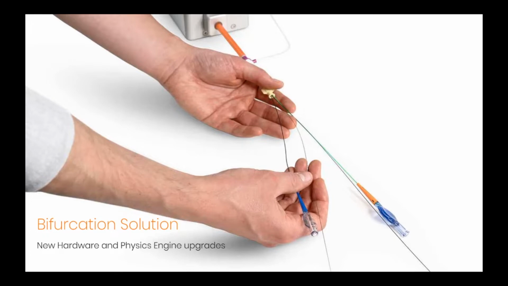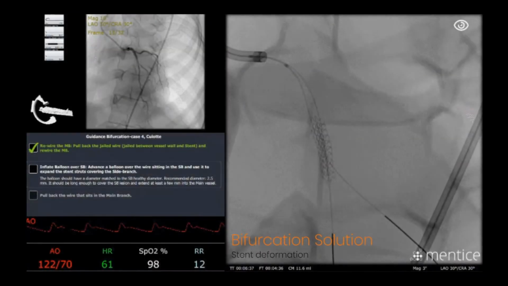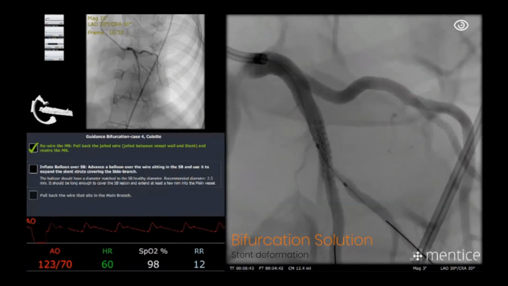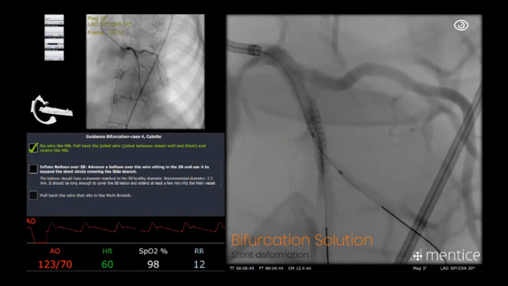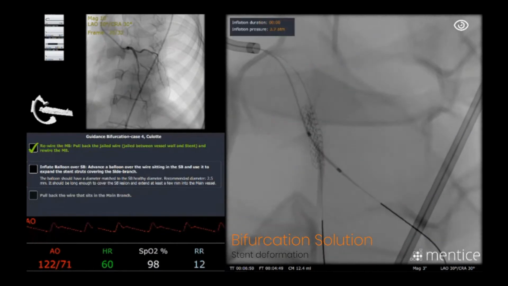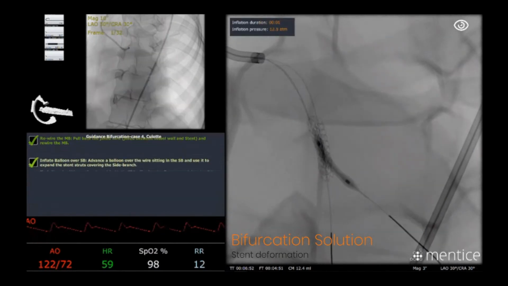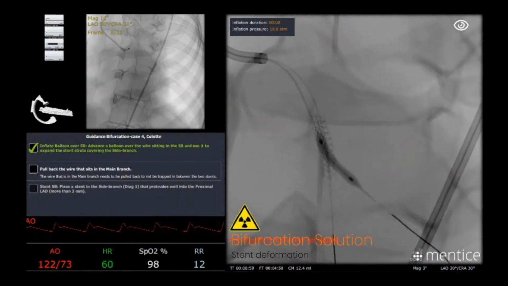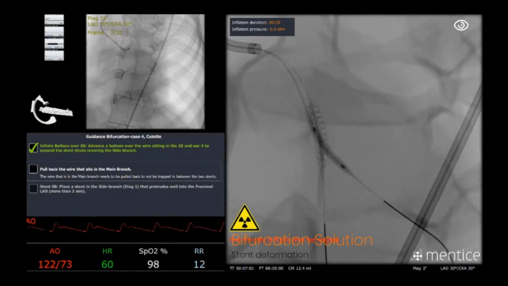Consequently, the Mentice physics model needed to be expanded to allow some very complex interactions. As you can imagine, balloons need to push on one another, stents need to be able to deform, and stent struts need to be possible to pass through and expand individually. And to top it all off, these calculations and estimations need to happen in real time.